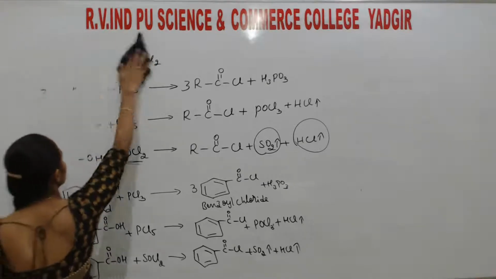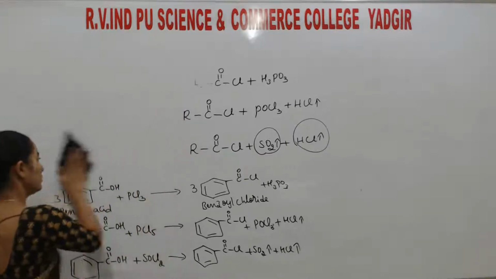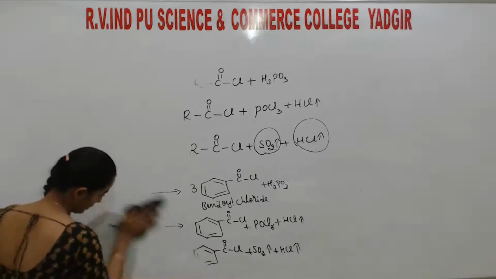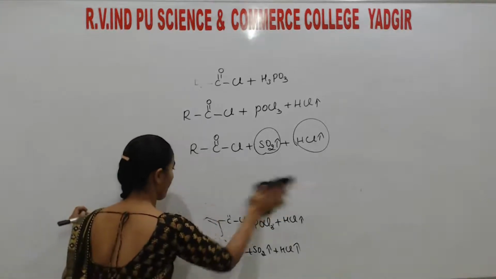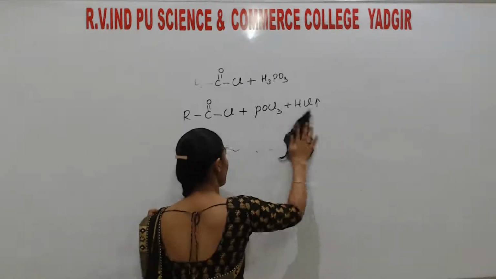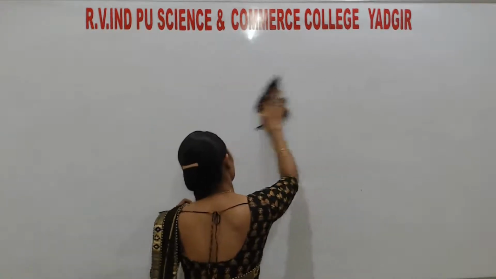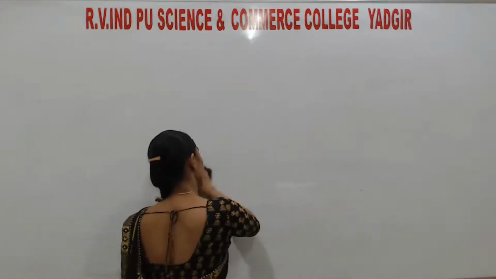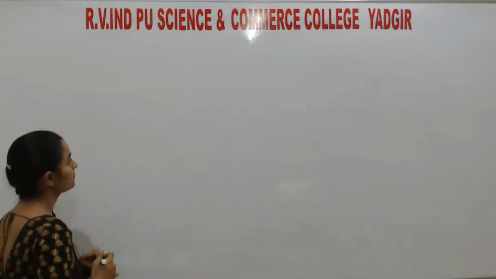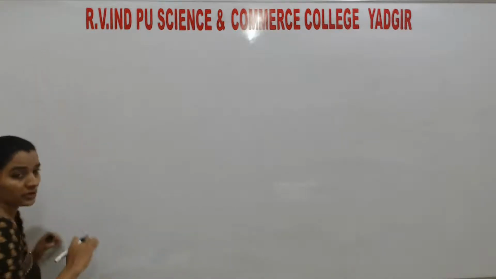So the next one is halogenation and nitration.